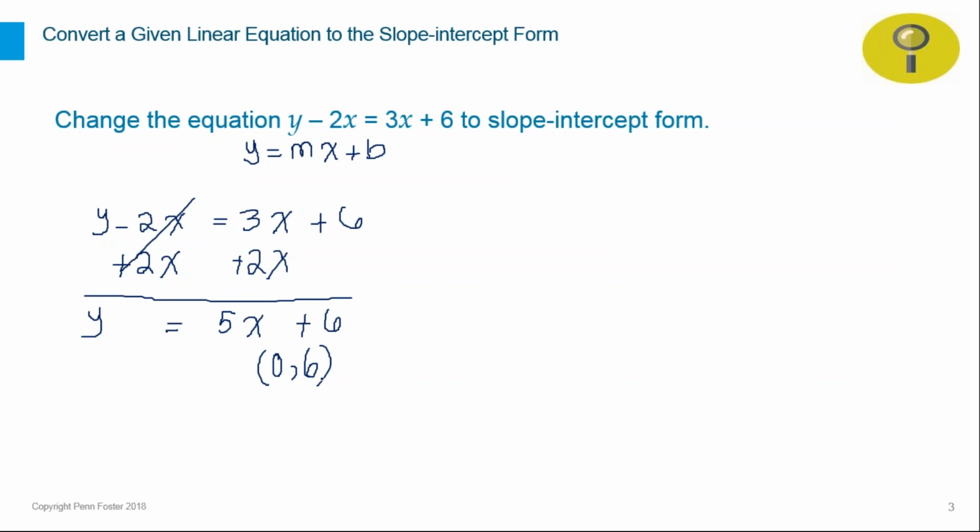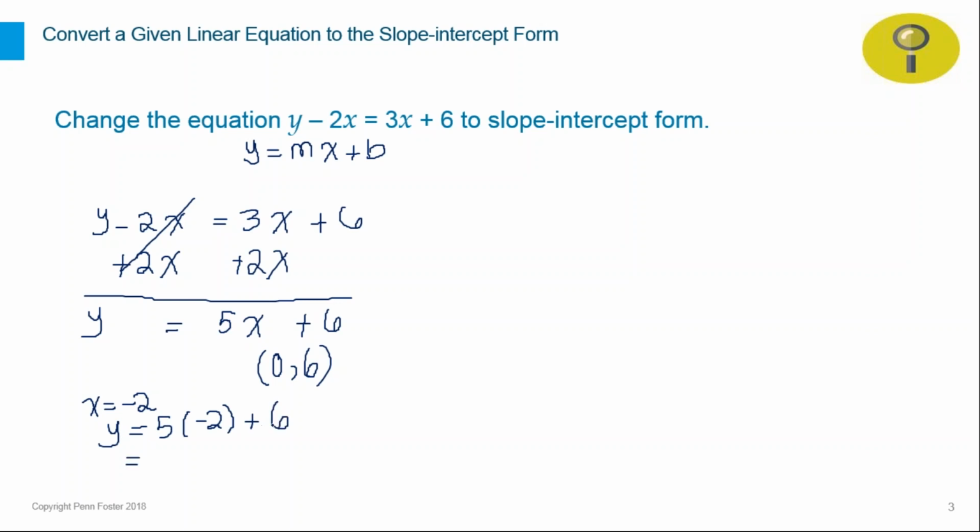The second point we're able to find by plugging in any random value of x in this equation, evaluating the expression on the right, and that will give you the corresponding value of y. I'm going to choose x equals -2. You're able to choose any value you'd like. So if we pick x equals -2, then we simply write the equation as y equals 5 times -2 plus 6.